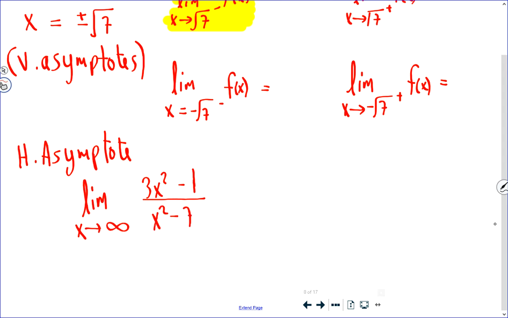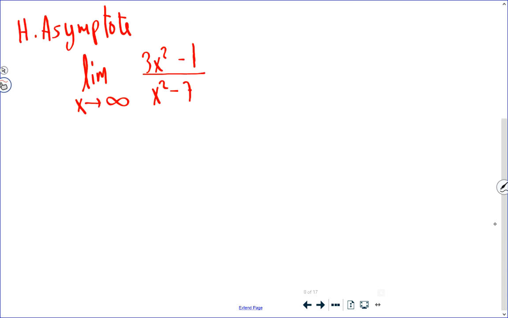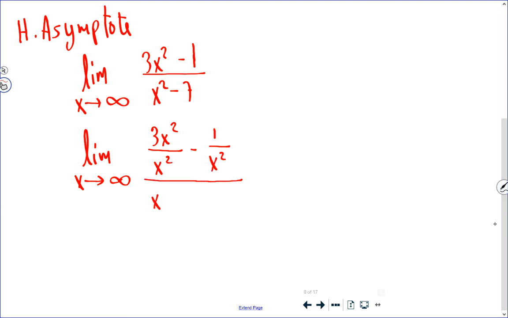Remember, for your vertical asymptotes, you're looking at the denominator. For the horizontal, you're looking at the limit as x approaches infinity. What's the rule here? You rewrite the limit, and you divide every term by the highest degree term in the entire expression. And the highest degree term is x squared.